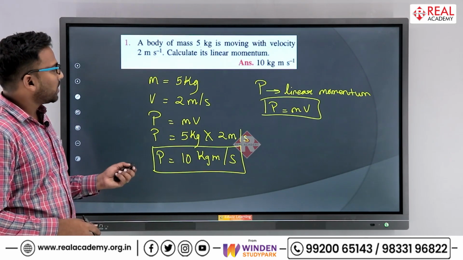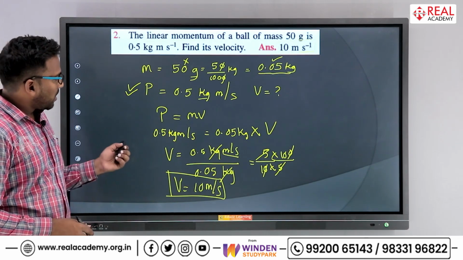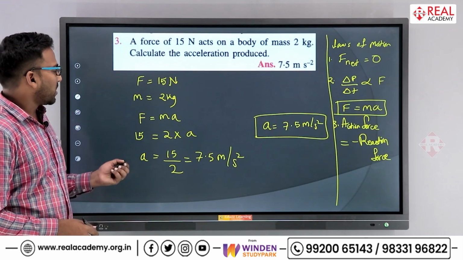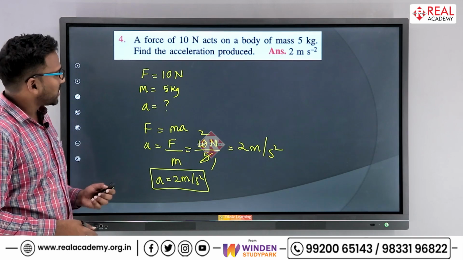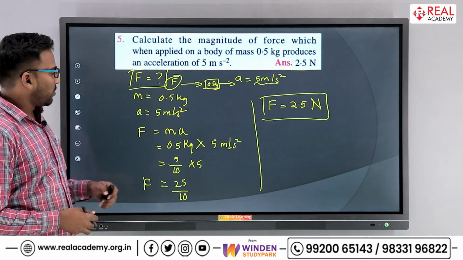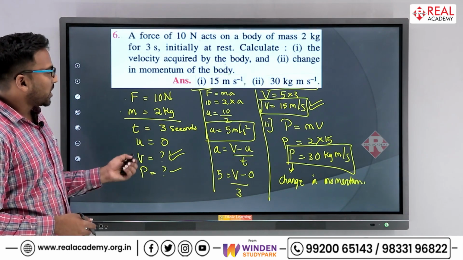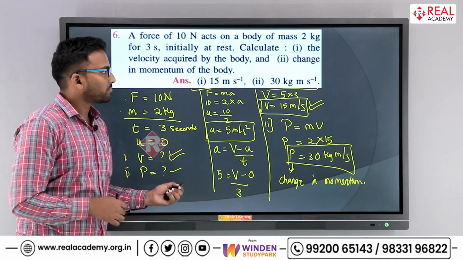Starting from the first question, linear momentum P is equal to mv. Second question, same way, P is equal to mv. Third question, F is equal to ma. Fourth question, again F is equal to ma. Fifth question, again F is equal to ma. Sixth question, here we have a is equal to v minus u by t.